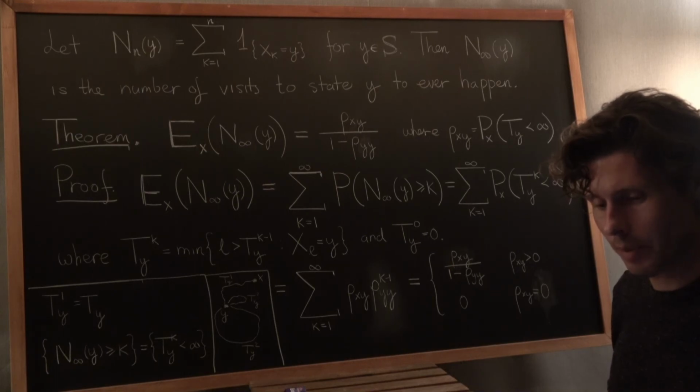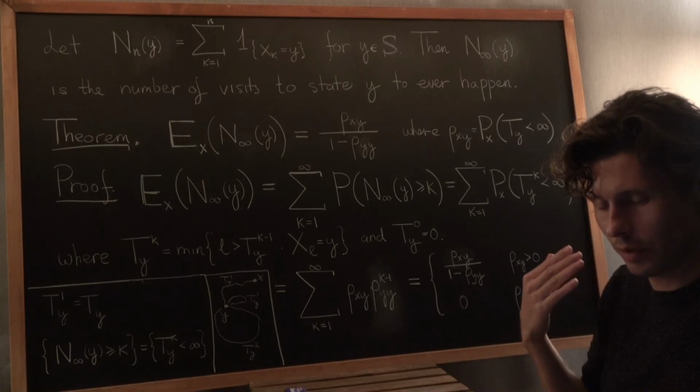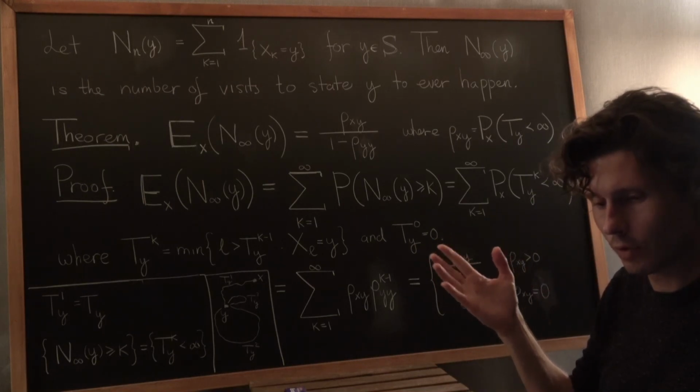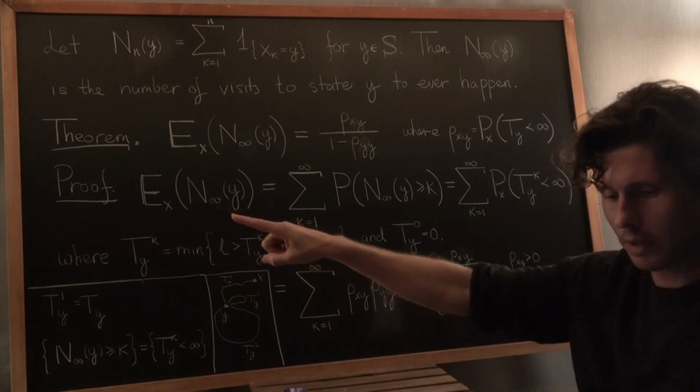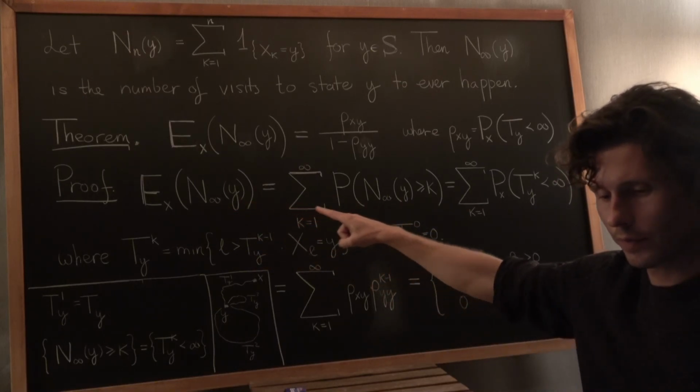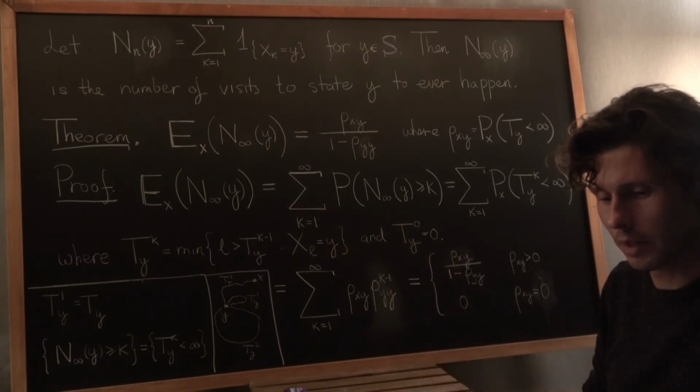And then in the next clip, I'll try to show you 3 things. One is what this all means, why it's important, how it's useful for showing that a state is recurrent. The second is this mysterious equality, which is very useful. I'll show it to you for a general discrete random variable that's non-negative.